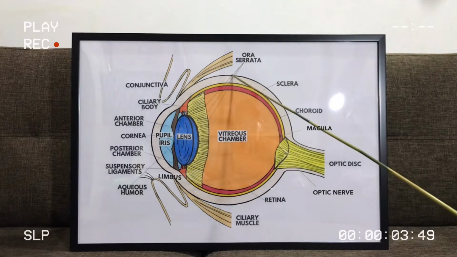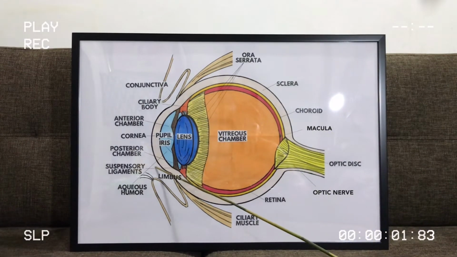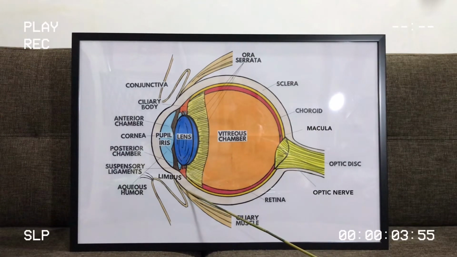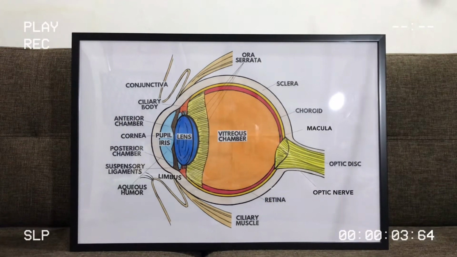So the sclera is actually continuous with what is called the cornea. The junction between the white sclera and the clear cornea is called the limbus. The cornea is the front clear part of the eye and the front center part of the outer wall of the eye.